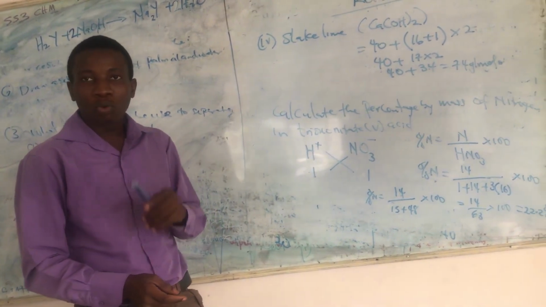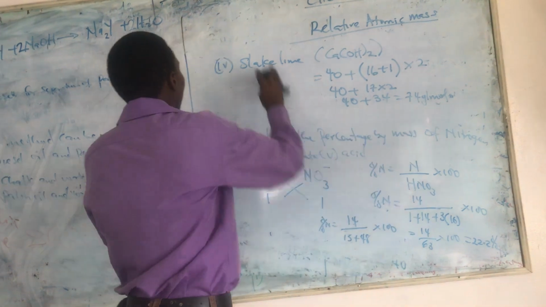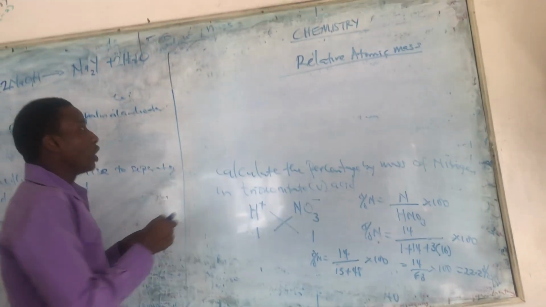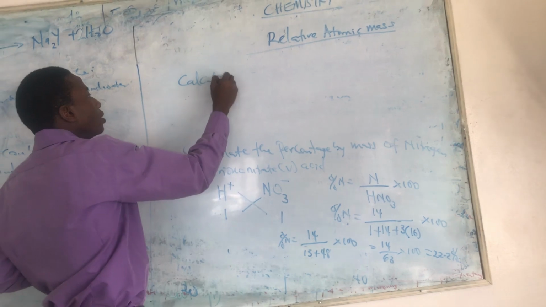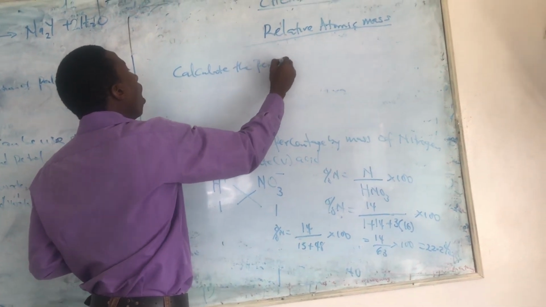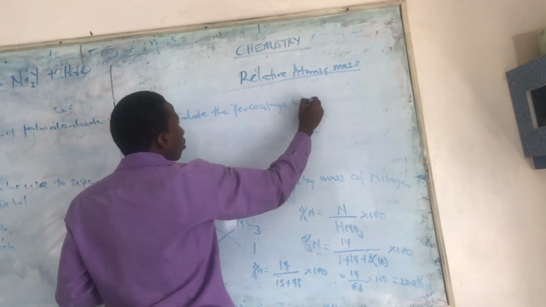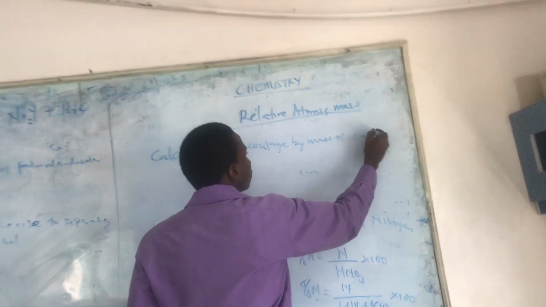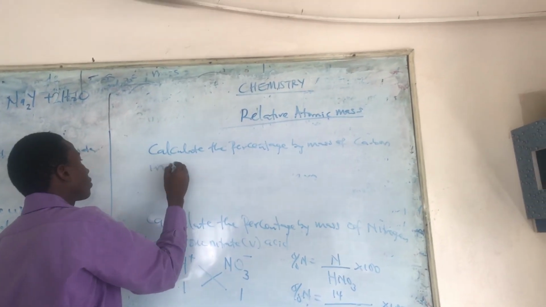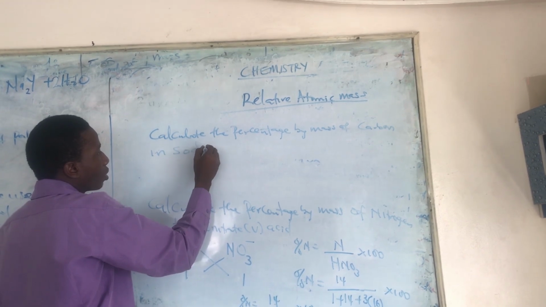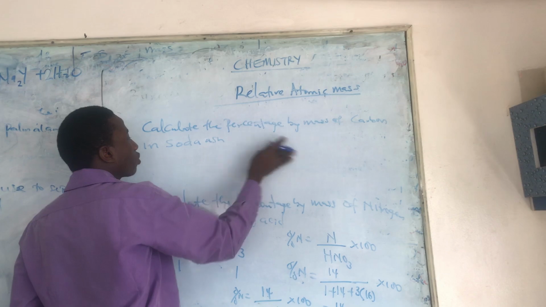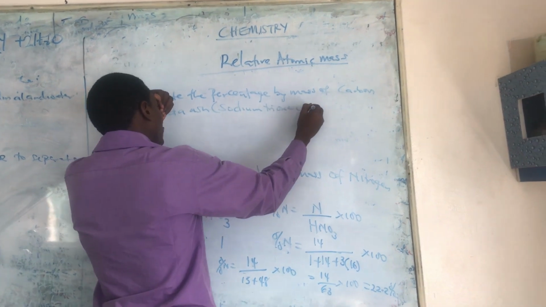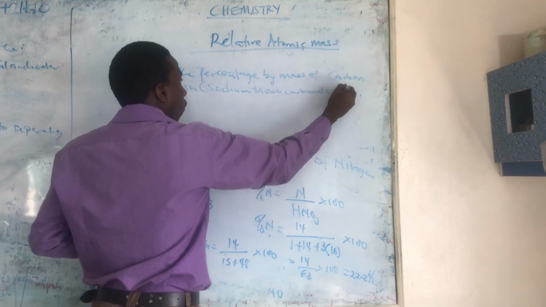Let me give us the last example under the percentage by mass. If you are told to calculate the percentage by mass of, let me say, carbon in soda ash, the name of soda ash is sodium trioxocarbonate(IV).